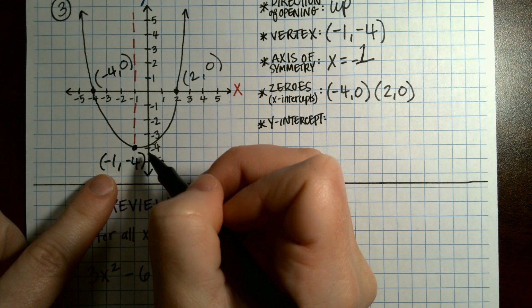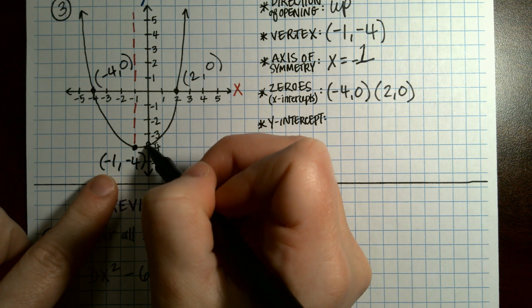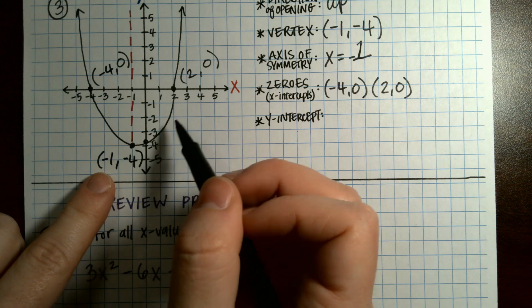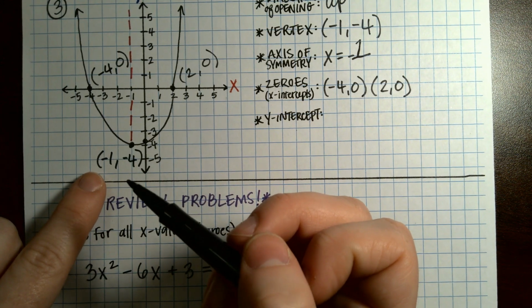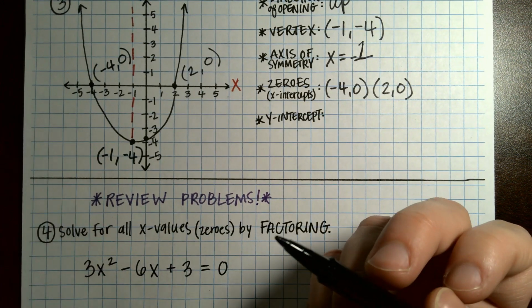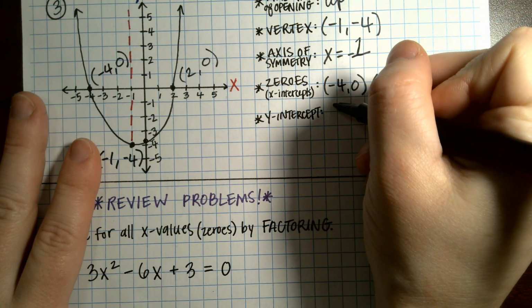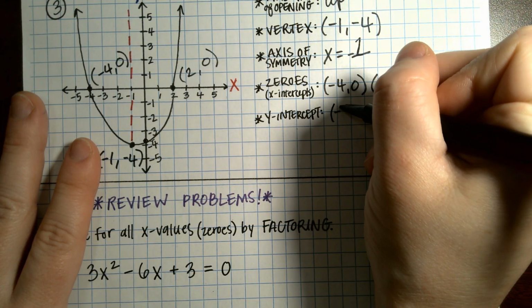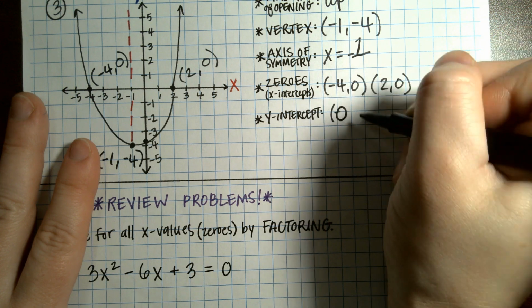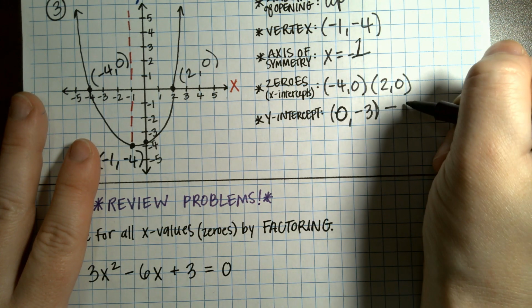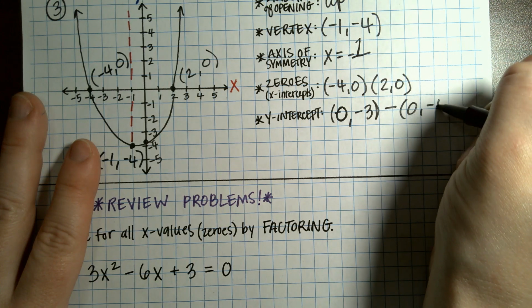Everybody see that? I put -4. I actually drew this a little bit too bowed out. It would probably fall around -3.5, but since I didn't draw it accurately, I'll take anywhere between... actually it's 0 first. Sorry guys. 0, -3 to 0, -4.